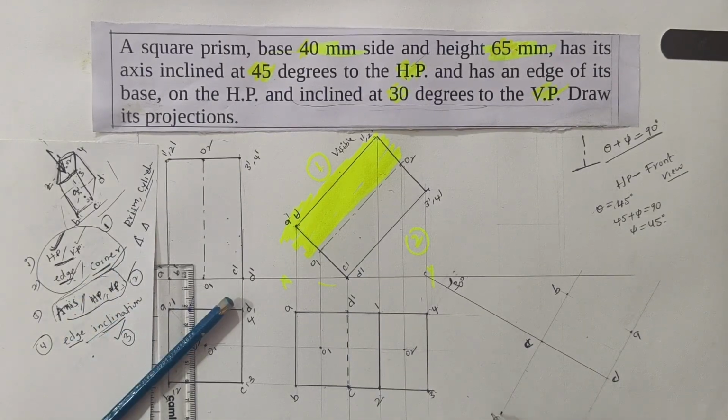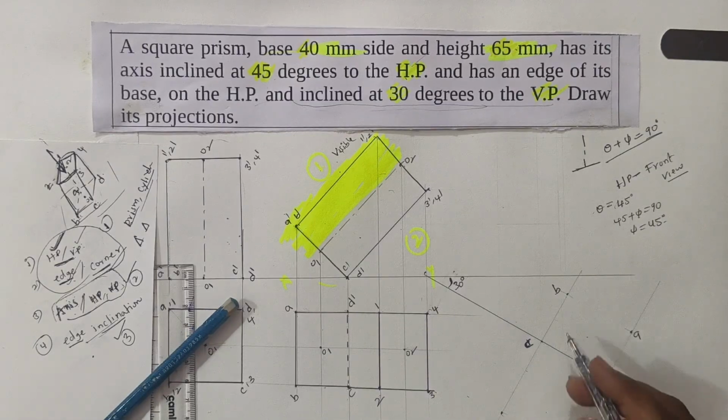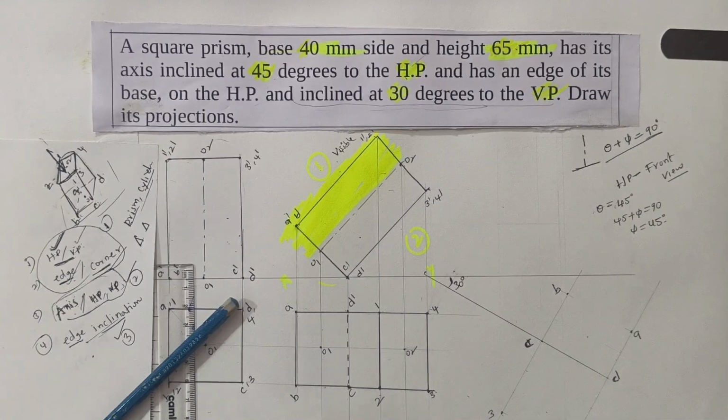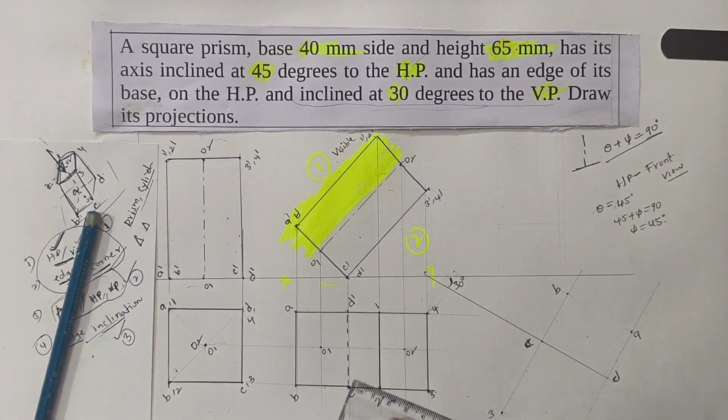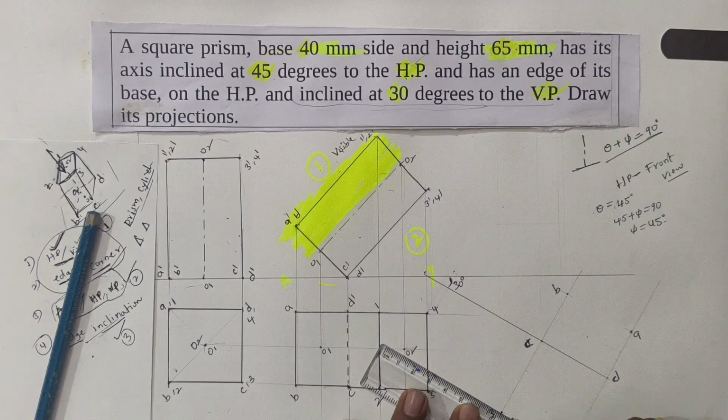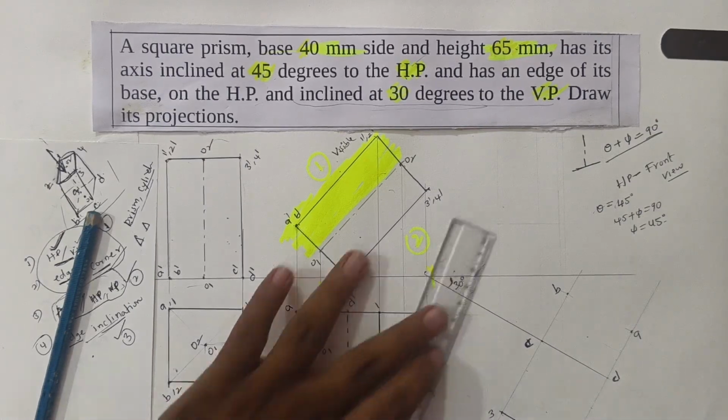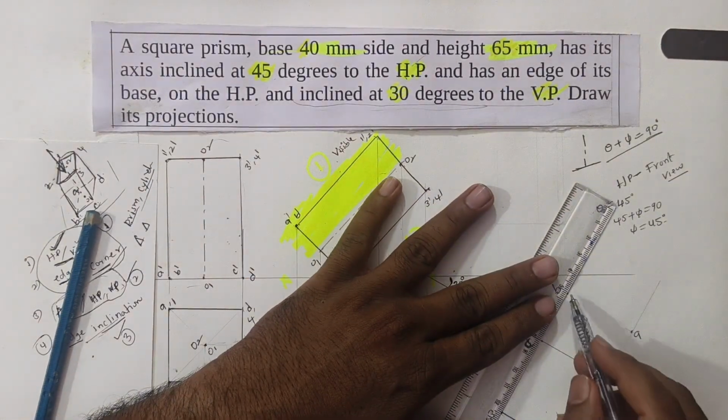This is point 3. This is point 4. Okay, connect from here to here.